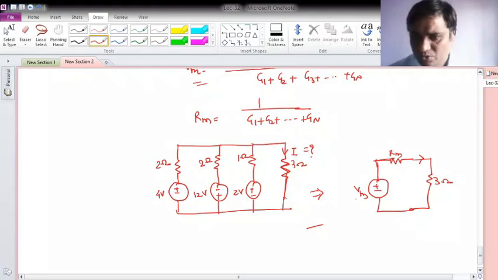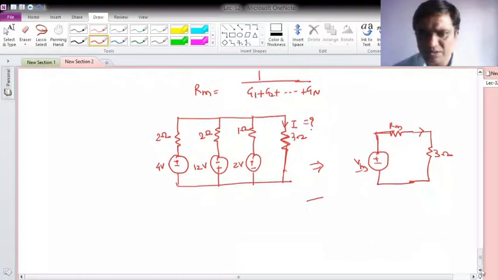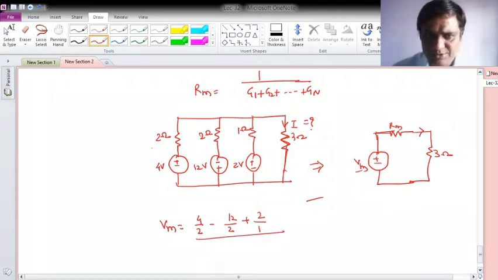So I should know what Vm and Rm are. No need to write the equations and all. You can simply use the direct equation, Vm equals V1 into G1, so 4 upon 2, minus 12 upon 2. See, you check the polarities also. Plus 2 upon 1, divided by G1.